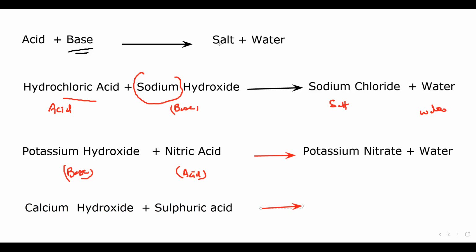So that's right, Abdullah. It is calcium sulfate plus water. So this is the first characteristic of a base. Number one, whenever a base reacts with an acid, this will result in the formation of salt and water. What is the second characteristic of a base?